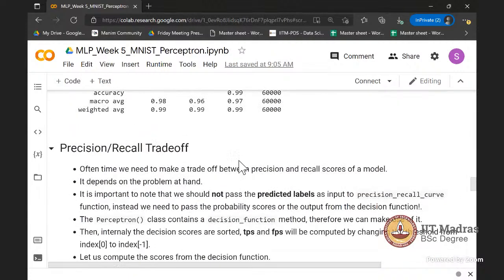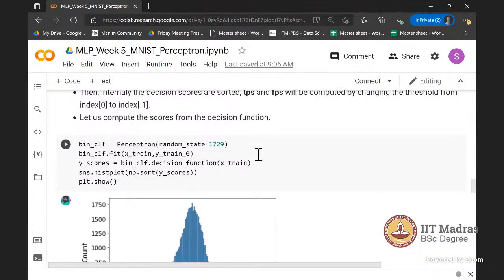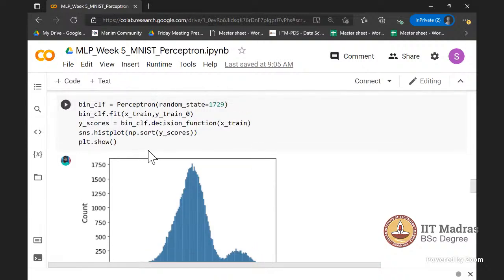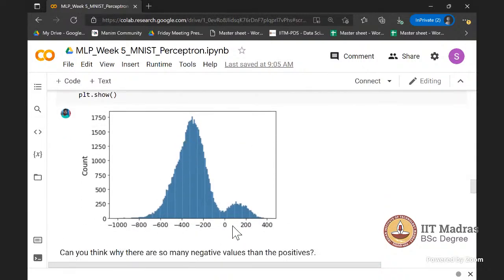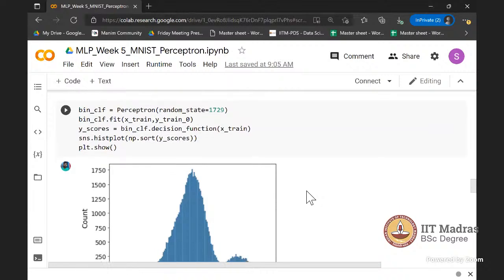Okay, now the next thing that is covered in this Colab is the precision versus recall trade-off. Can anybody tell me what this chart represents? This time we are using the trained classifier, but we are not just making the predictions.